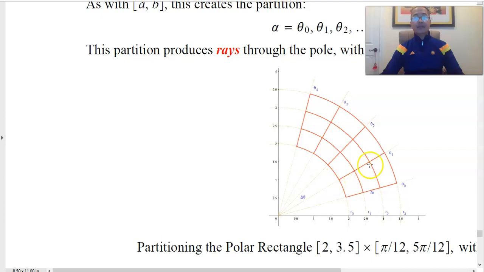What is the angle made by each of these rays with respect to the next adjacent ray, okay? And we have delta r, okay? How far apart are these circles, okay? So we're going to find out how we can compute the area of each of these subrectangles.